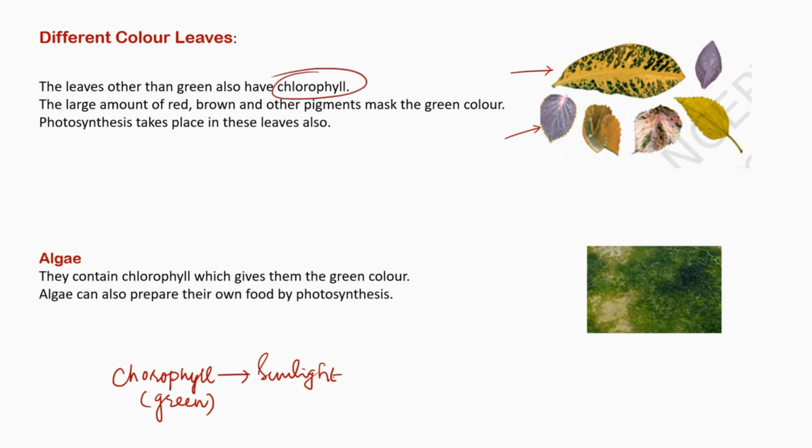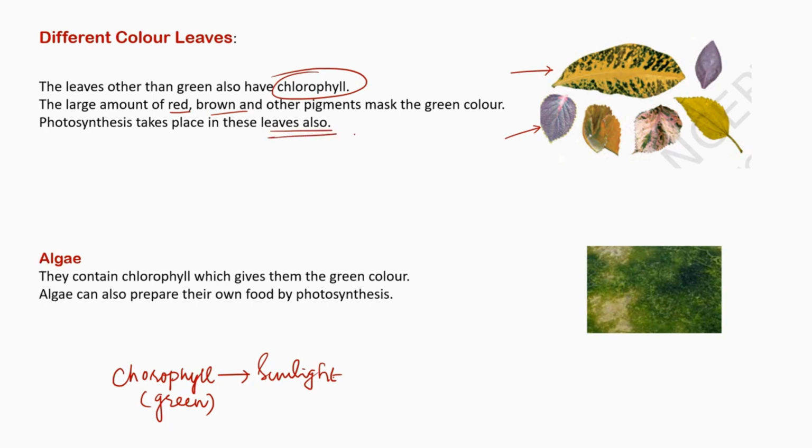A large amount of red, brown and other pigments mask the green color. They do have chlorophyll, but the amount of other color pigments is high in these leaves, so the green pigment gets masked and we are not able to see it. Otherwise the chlorophyll is present in these leaves, so photosynthesis takes place in these leaves also.